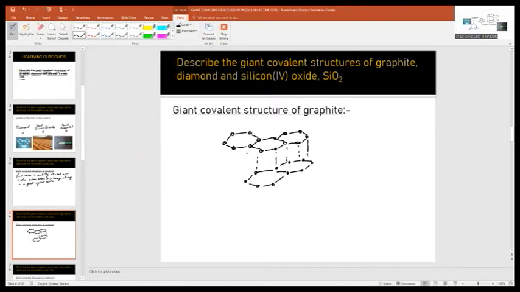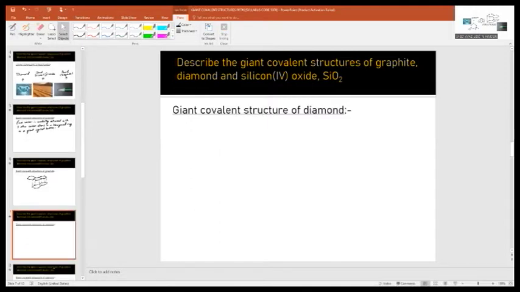It will be like this, a small part of the giant covalent structure of graphite.